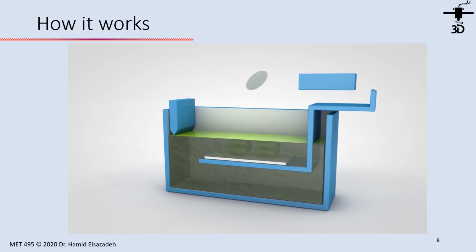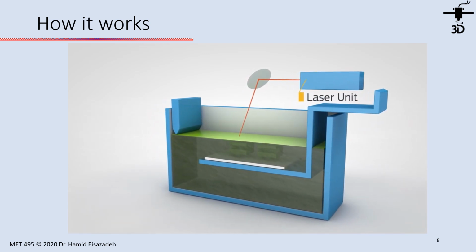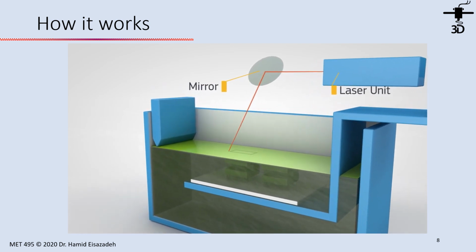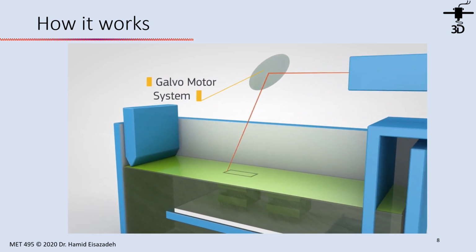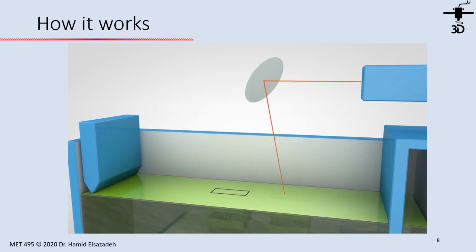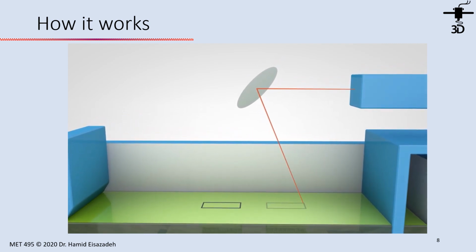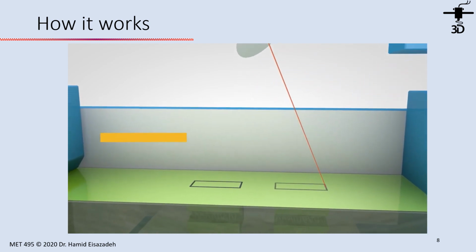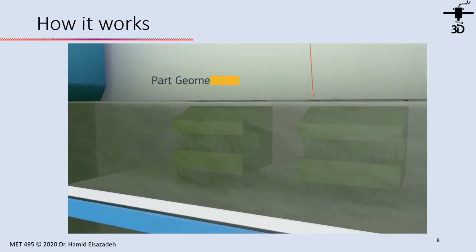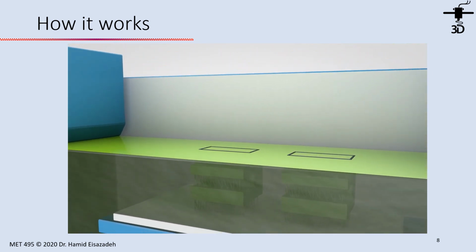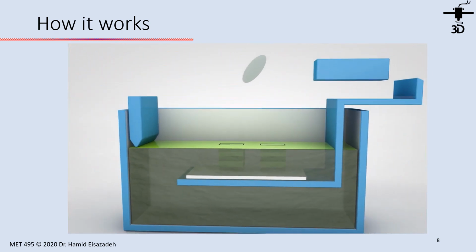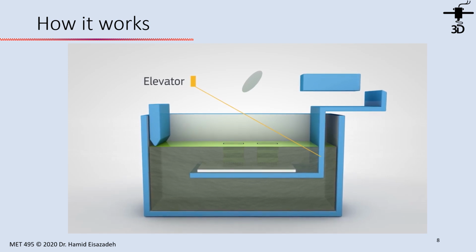Now there are SLA machines ranging from small to large, but the process is almost the same. After each layer is scanned by the laser, you see the part index downward, and a blade comes and recoats the resin.